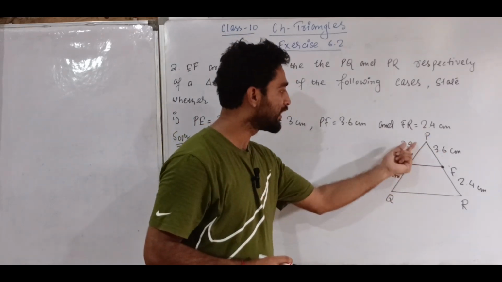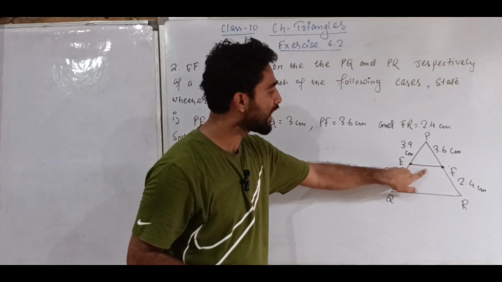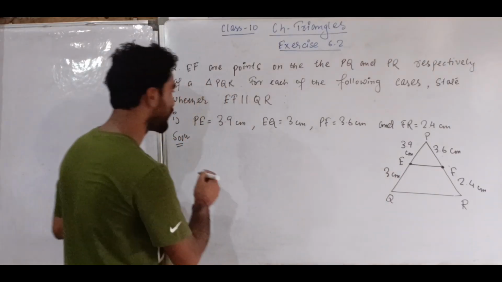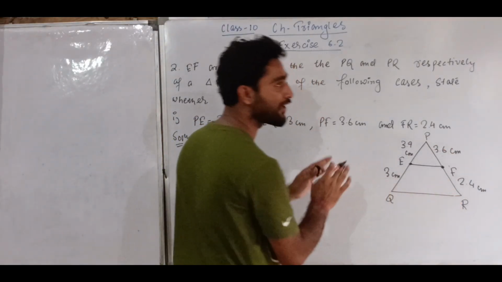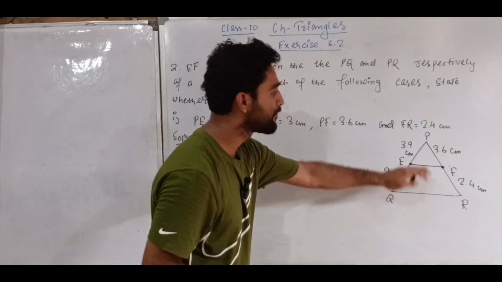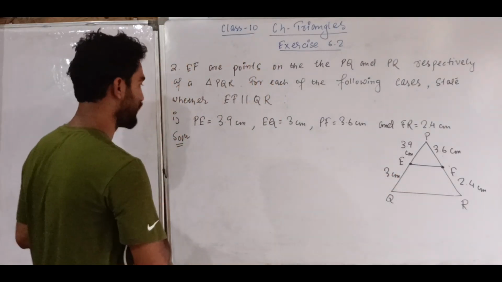So if this line divides any two sides of a triangle in the same ratio, then this line will surely be parallel to the third side. So we will check whether this divided by this and this divided by this are equal or not. If equal, then EF is parallel to QR. If not equal, then EF is not parallel to QR.